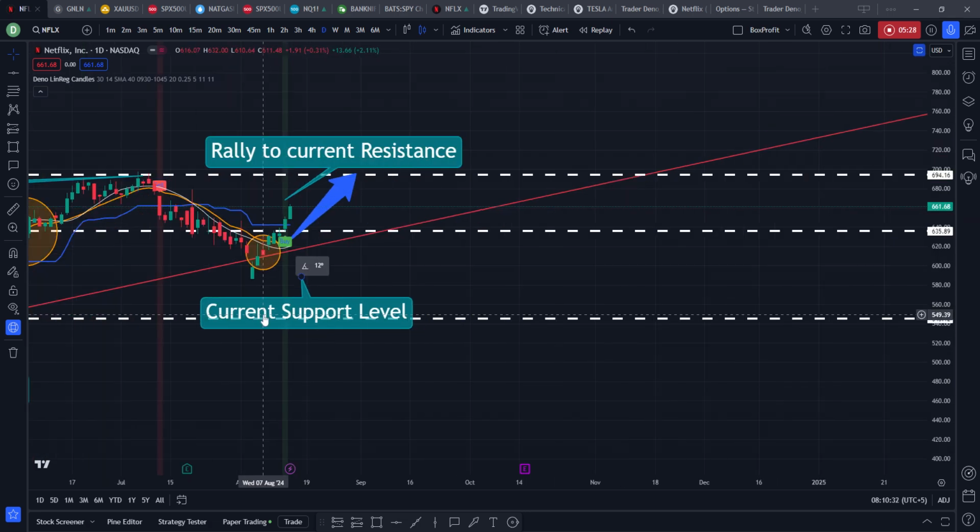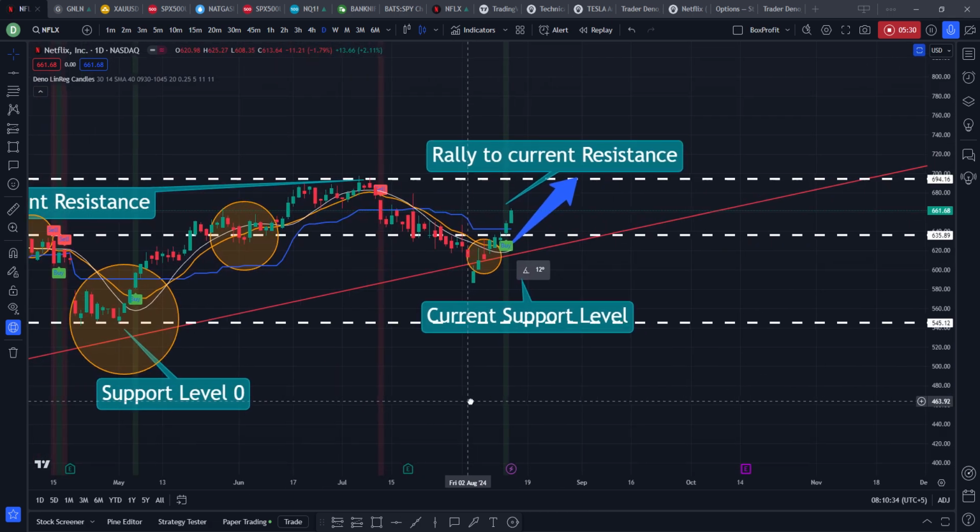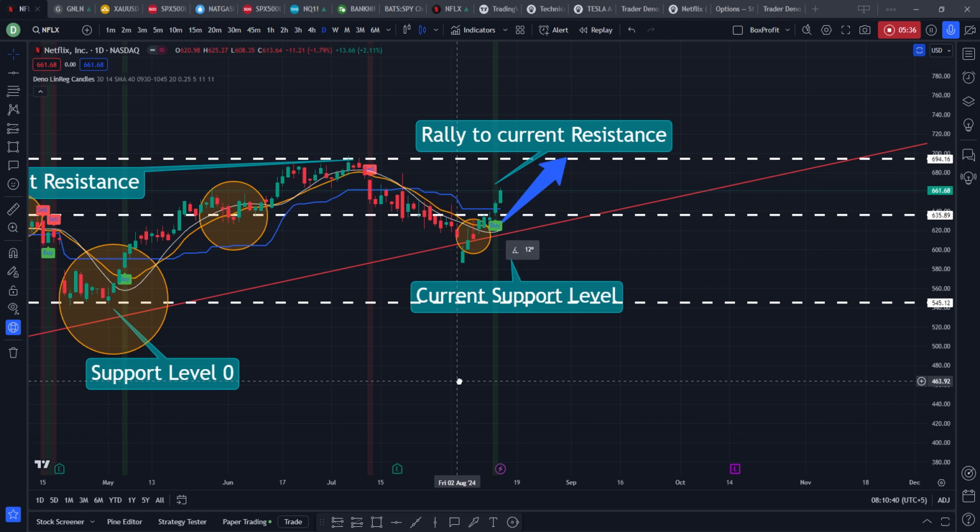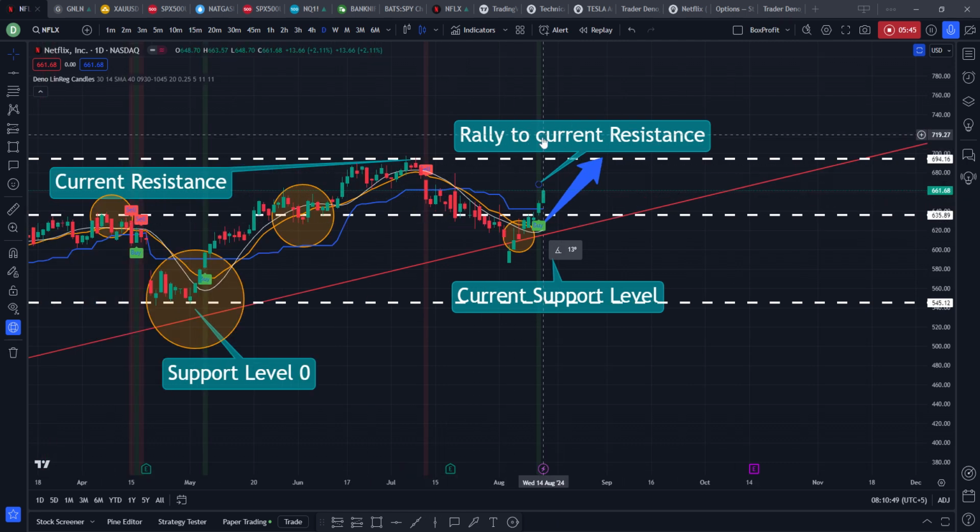I would watch on a daily basis for a bullish, a call opportunity. That's what I will be targeting as far as the day goes. Before we go to the shorter time frame, you will see that we are rallying toward our current resistance level, which is actually the previous resistance level, around 693.